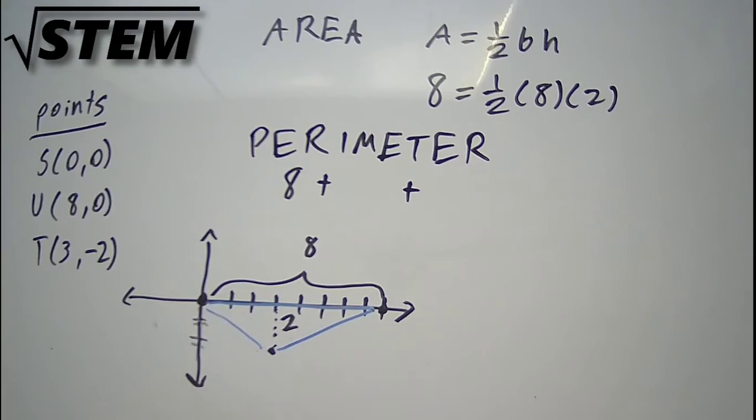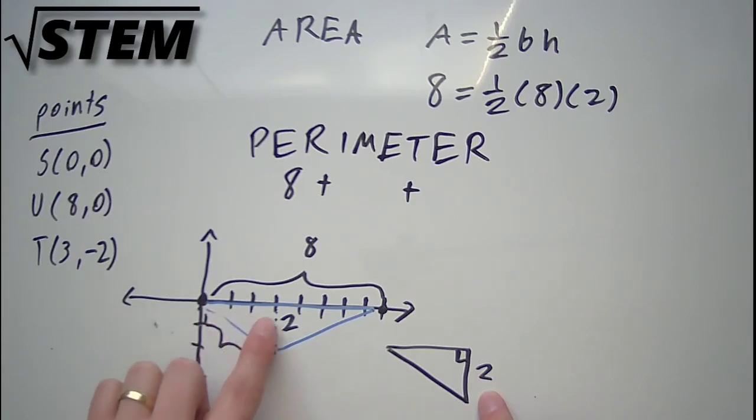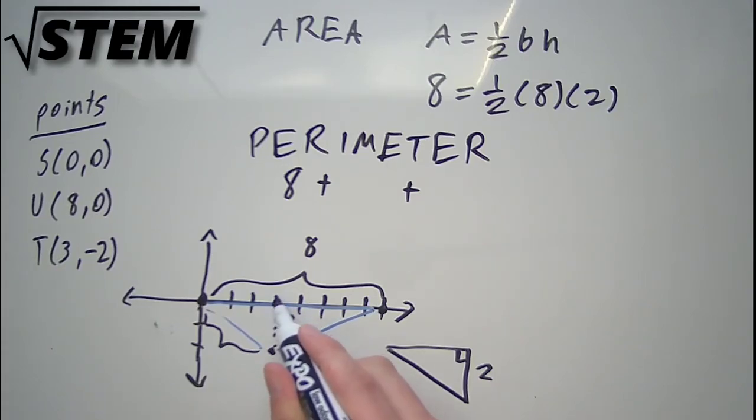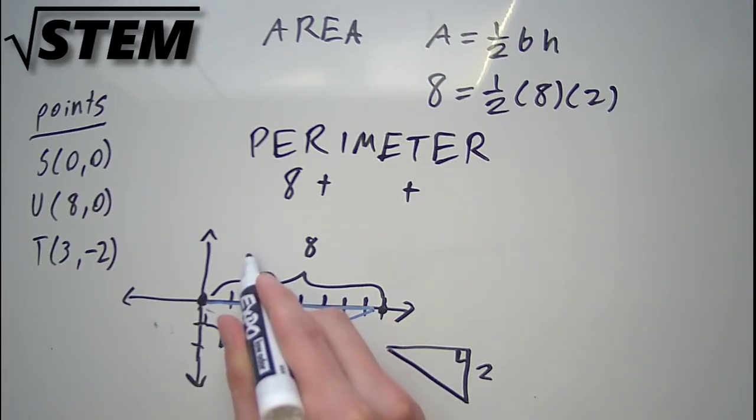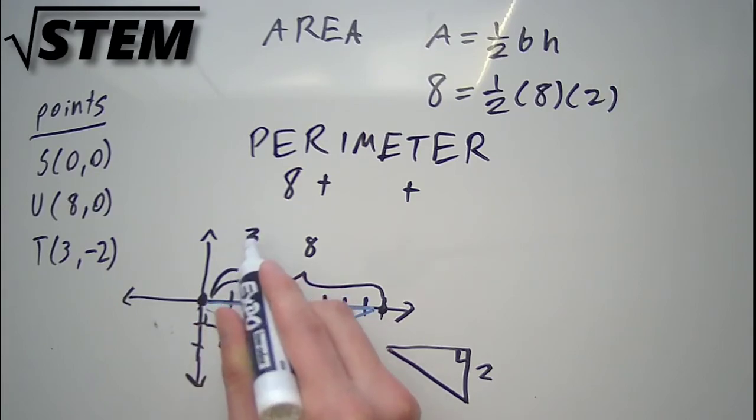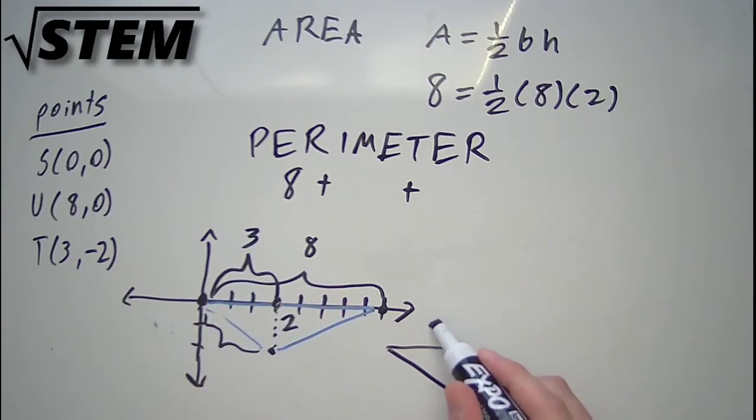To find how long this side of the triangle is, we're going to have to make a smaller triangle. We see that this triangle has a height of 2, but how long is this? Well, we know that this point for our triangle was at x equals 3, which means that if we trace that up right here, this distance is 3.